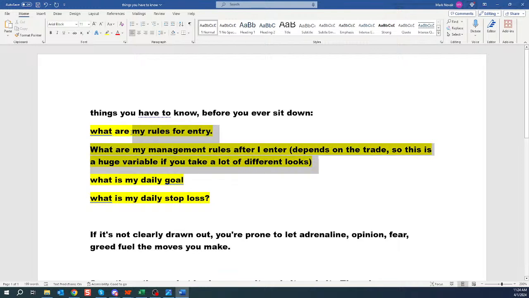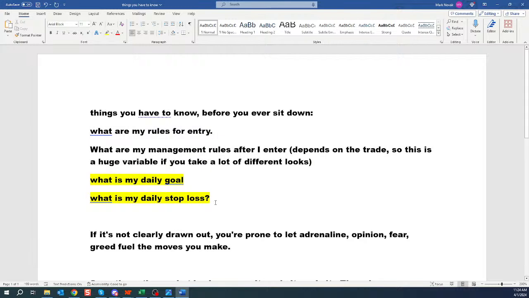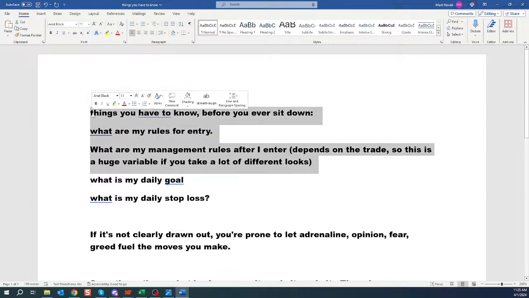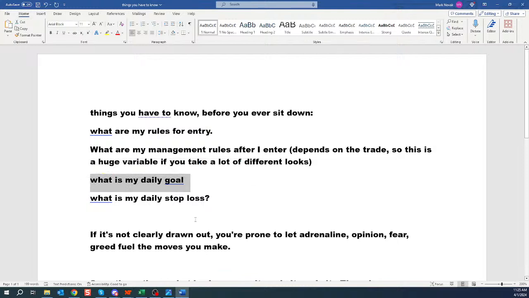Guys, the sooner you understand these two concepts and you have a very clear path and a very concrete understanding of what it takes, I promise you trading becomes much easier. I promise you the stress falls out of it. Understanding your daily goal. Jen said that she hit her goal and shut down. She said, I reached my goal today. That's a good goal. Let me go to Sim and get smarter. That's hard to do.